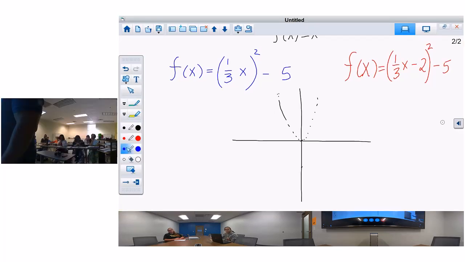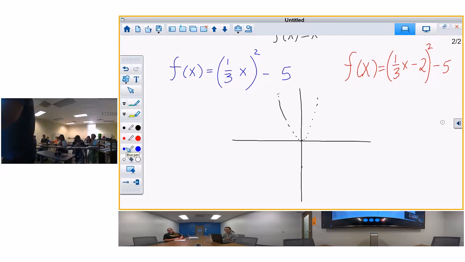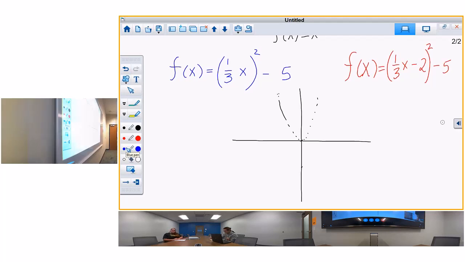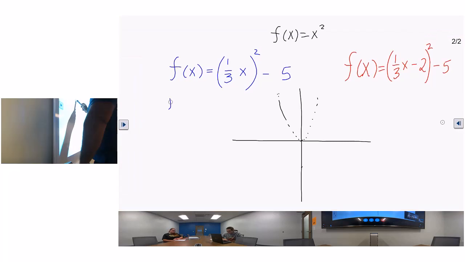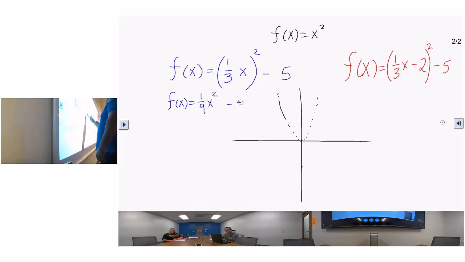Okay. Now if I was doing the red one, first of all, that's a binomial square, and then we got to do something with this one too, because this is not finished. We got to rewrite both of them. And the blue would be f of x is equal to 1/9 x squared minus 5.